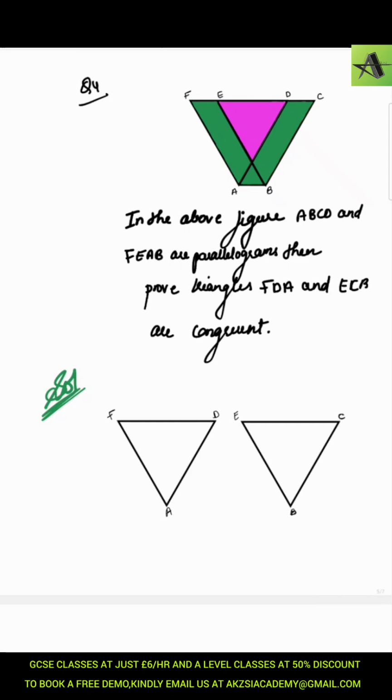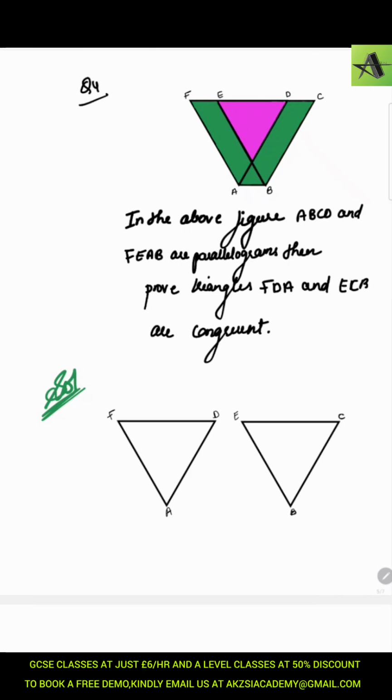Now see, it's mentioned that ABCD and FEAB are parallelograms, which means ABCD is this one, and FEAB is this one.